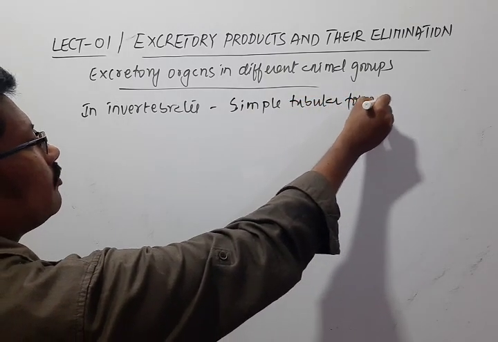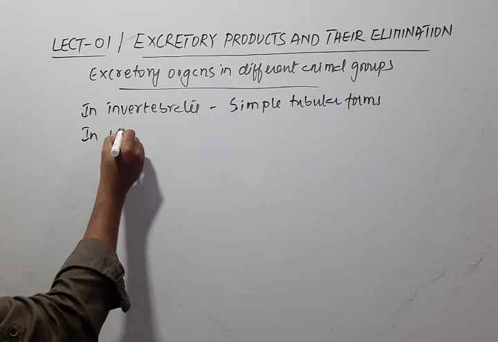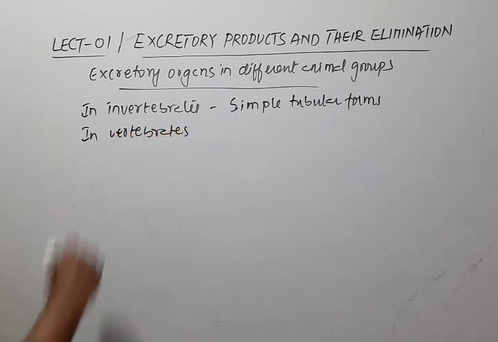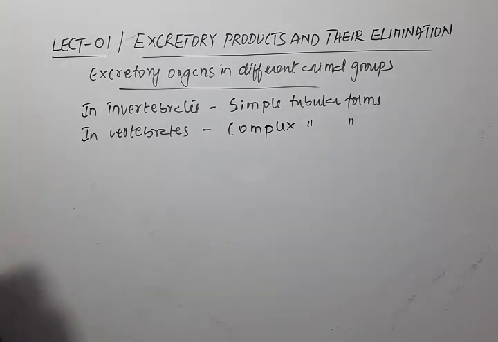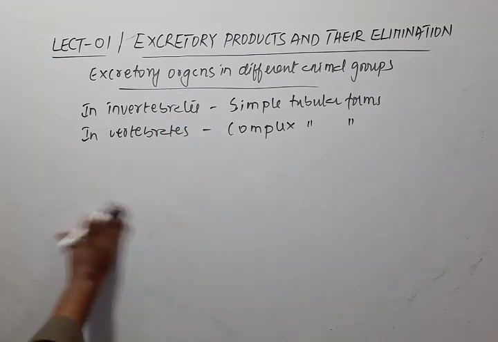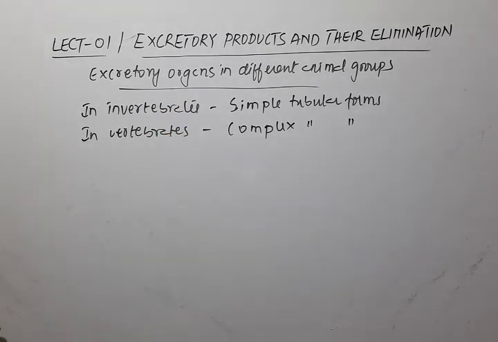But coming to the vertebrates, these simple tubular forms became complex, and we call them complex tubular forms. So the vertebrates have complex tubular forms, and they together make an organ called kidney. So the vertebrates mostly have these kidneys for the process of excretion. Now let's look at different excretory organs in different animal groups.